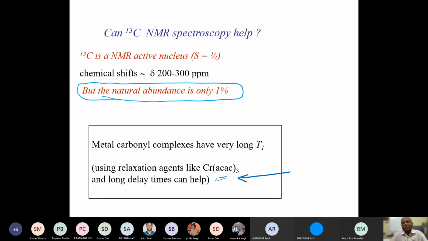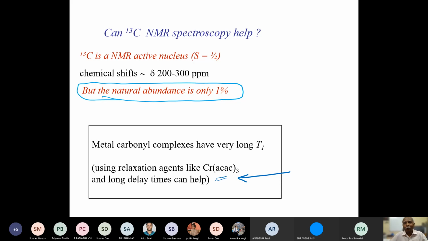And so the signal gets saturated very fast, and a very weak signal is observed for metal carbonyl complexes. One way people try to overcome this difficulty is by adding a paramagnetic impurity into the solution.